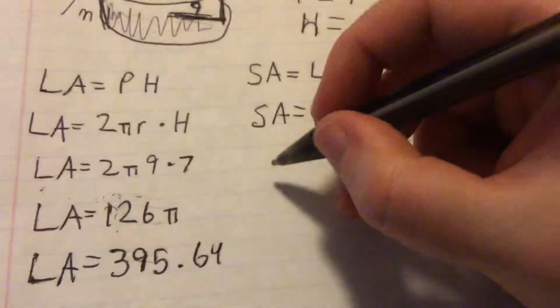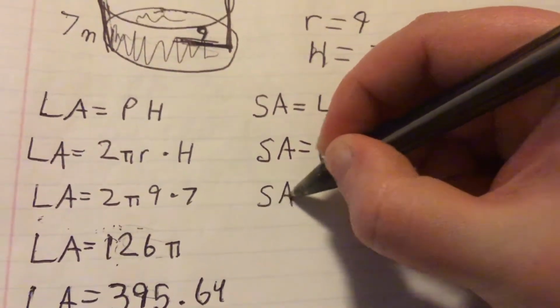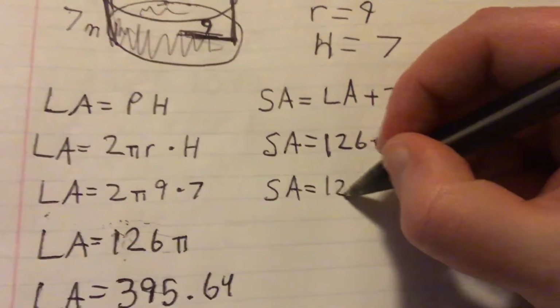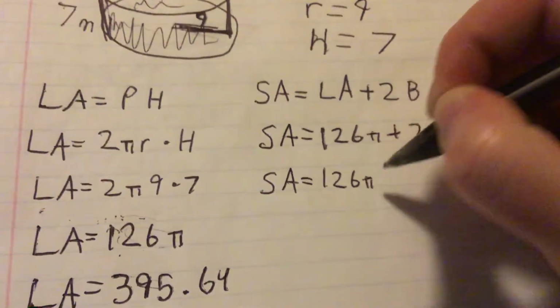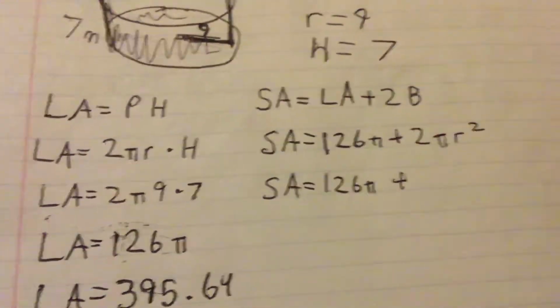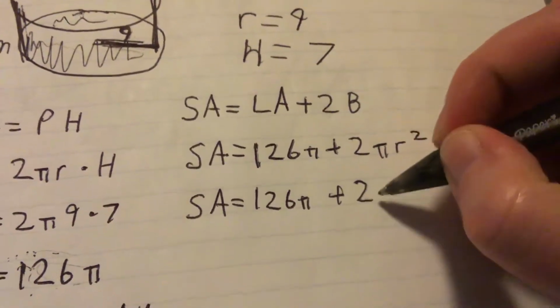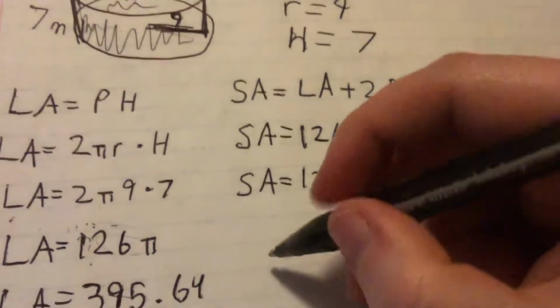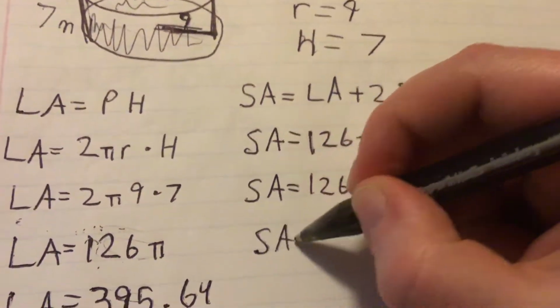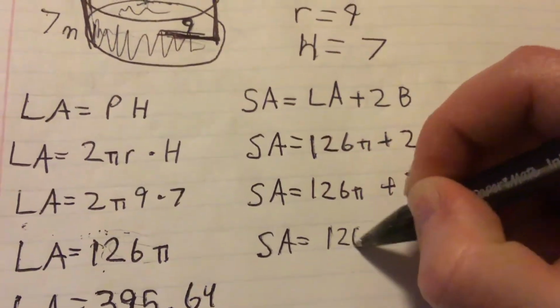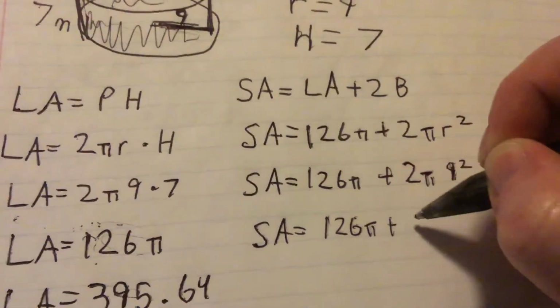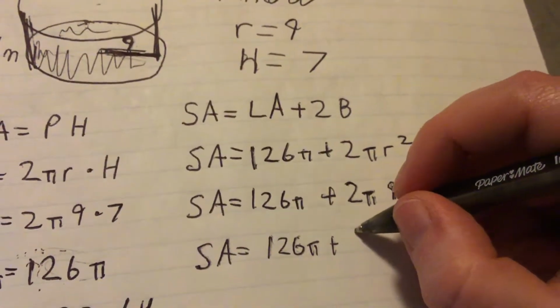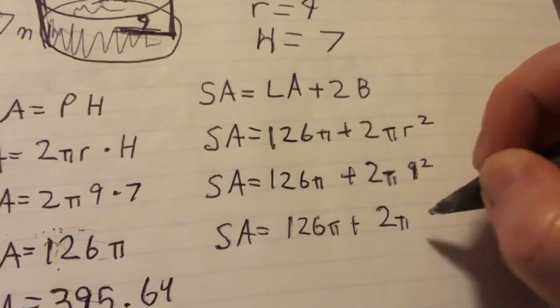Okay, so now surface area equals, we're going to leave this the same, plus, we're going to have 2 pi be all by itself, 9 squared. Okay, 2 pi is going to be all by itself.